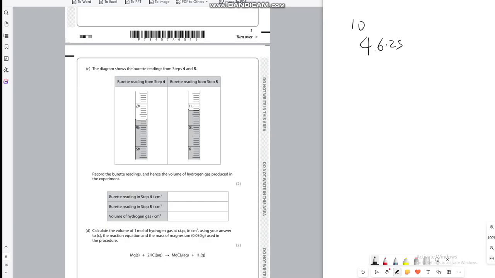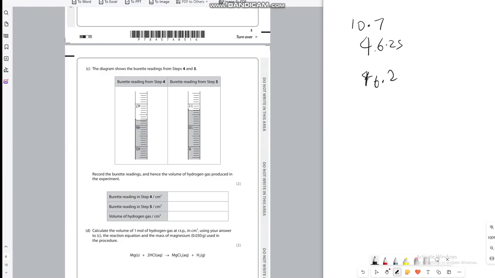So the readings I'm getting are 10.7 and 46.25.